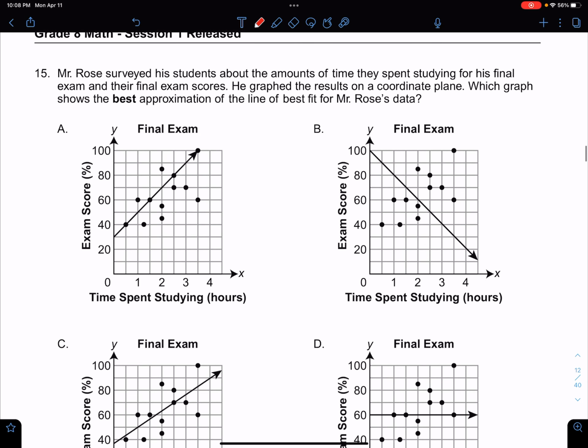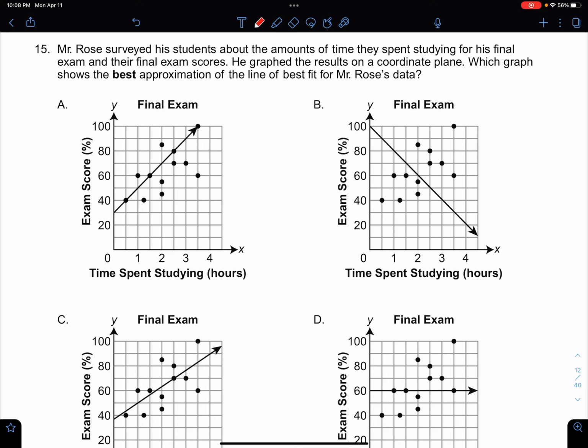Okay, number 15 says, Mr. Rose surveyed his students about the amount of time they spent studying for his final exam and their final exam scores. He graphed the results on a coordinate plane. Which graph shows the best approximation of the line that fits Mr. Rose's data the best, basically?